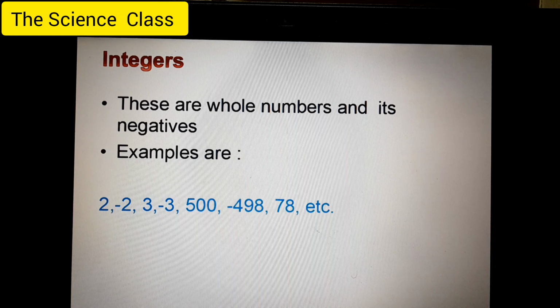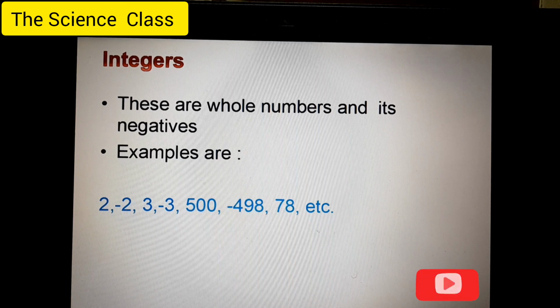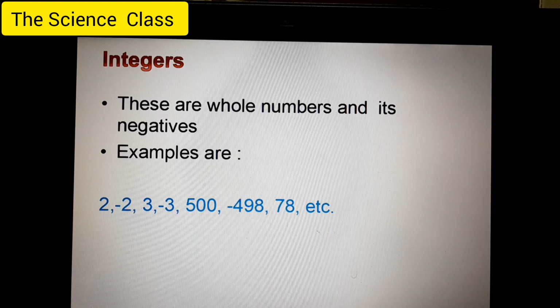Next number is integers. Integers are whole numbers and their negatives. You understand? Whole numbers are numbers that you just count from 0 and you continue to count.